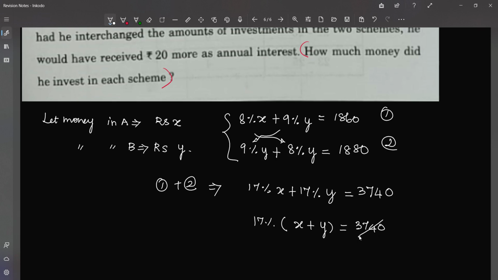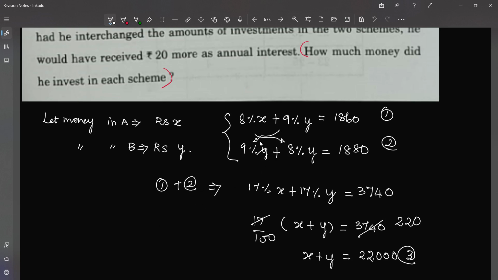So you can cancel this 17%. I'm going to rewrite the 17% as 17 divided by 100, so it will be easy for me to calculate. 17, when you cancel this, it becomes 2, 2 and 0, correct? So X plus Y is equal to 220 followed by 2 zeros. This is my third equation.